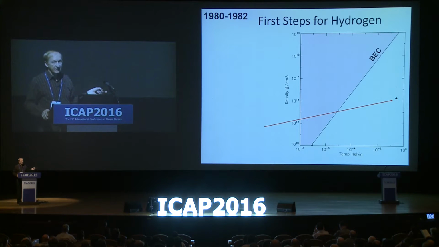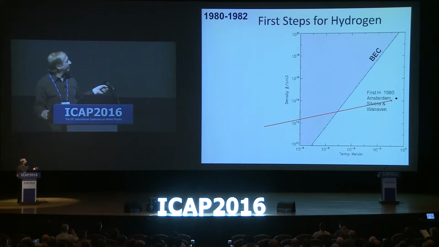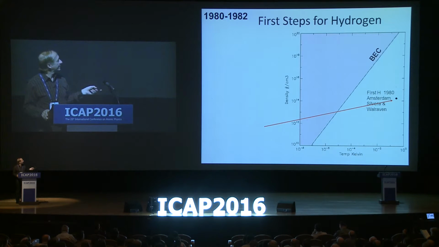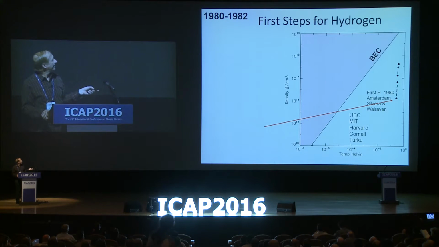And the first activity in the field happened with Jook Walraven and Isaac Silvera in 1980, and they established a point way out here as the beginnings of this endeavor. And this was quickly followed by other people entering the field, going to higher densities, repeat experiments in Amsterdam, and the densities marched up.